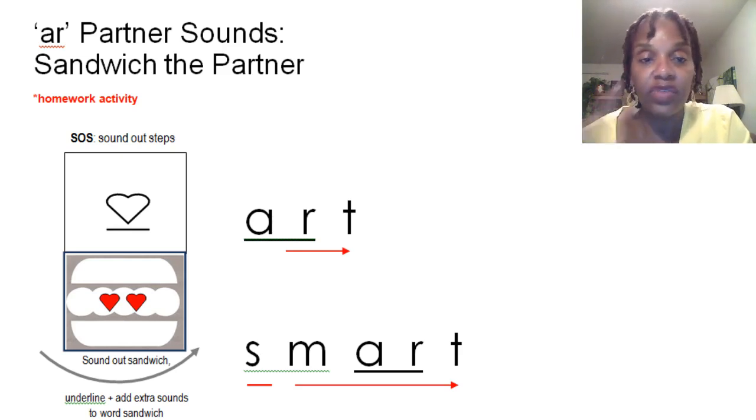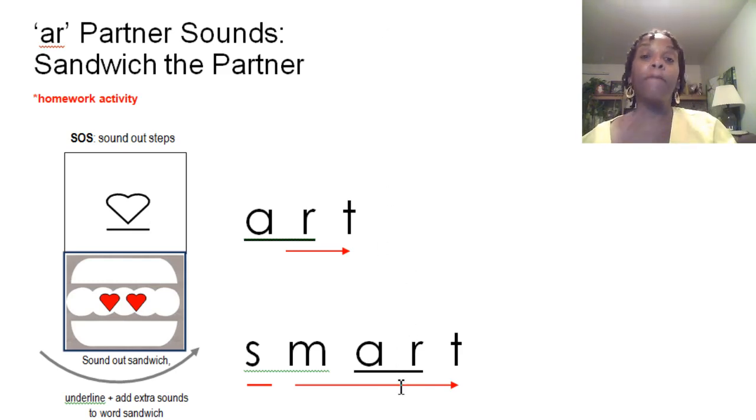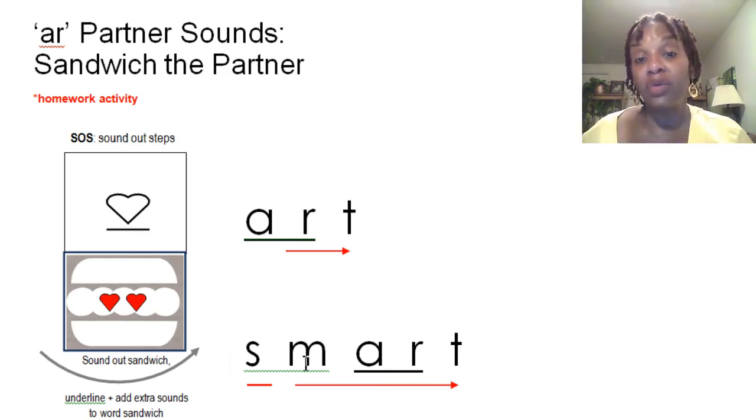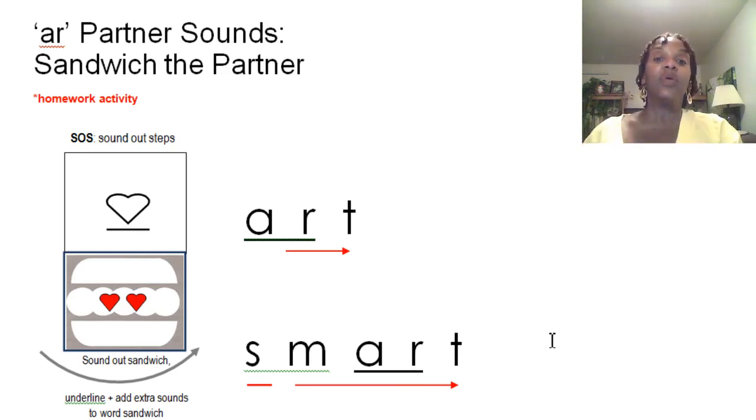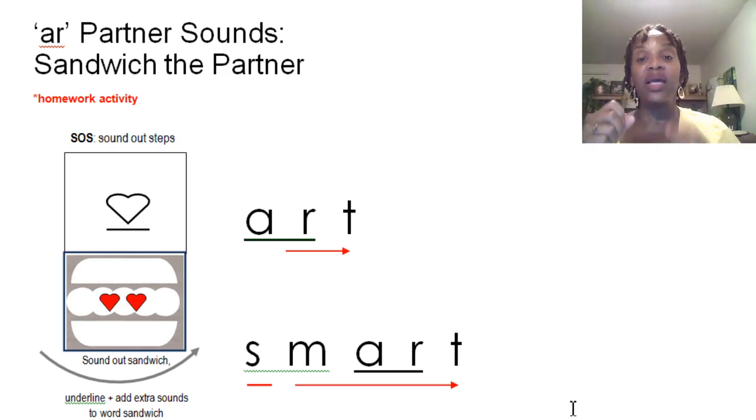So the very first step, you're going to underline the partner sound, R. And then you're going to sandwich that partner R between the two sounds. You're going to look for the sound on the right, which is the letter M. And then you're going to look for the sound on the left, which is the letter T. So you're going to sandwich that partner between those two sounds and sound out the word sandwich only.